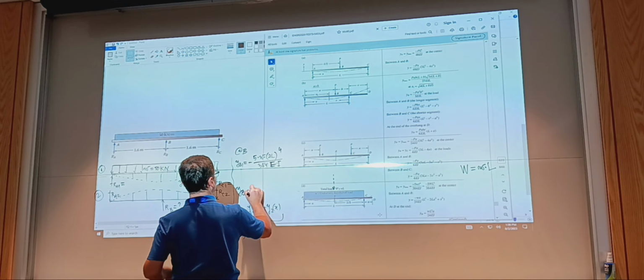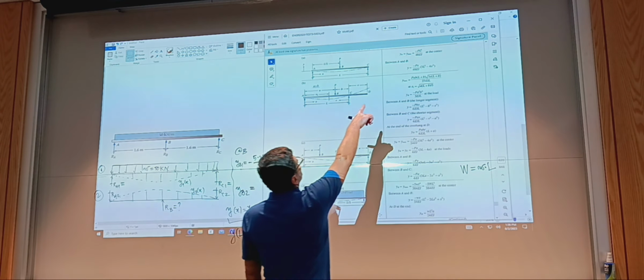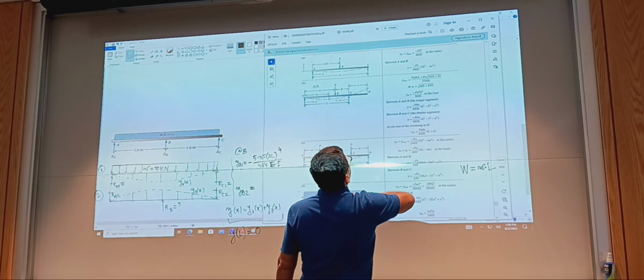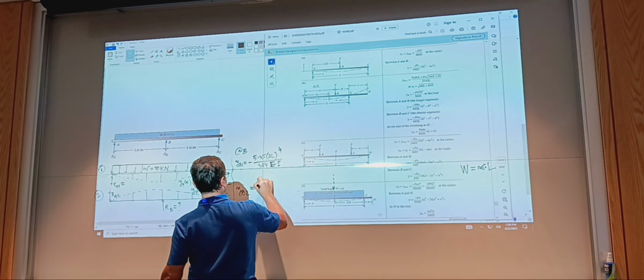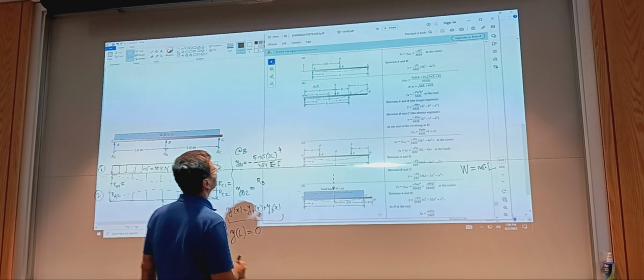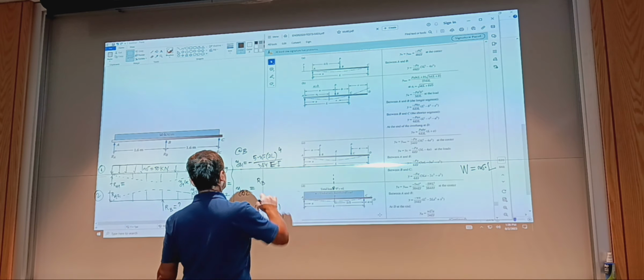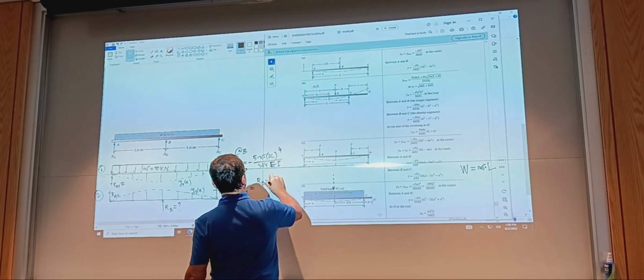So I have YB case 2 is going to be the plus version, what you see there, PL to the power 3 over 48 EI. Our P is RB. And again, negative term, positive, L is going to be 2L to the power 3 over 48 EI. Okay? And I can also tell these right away.